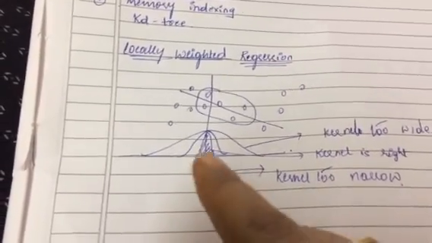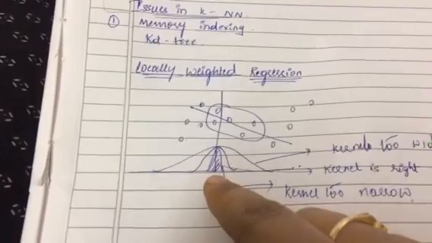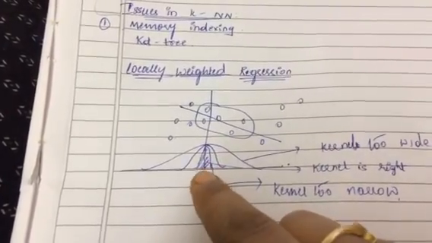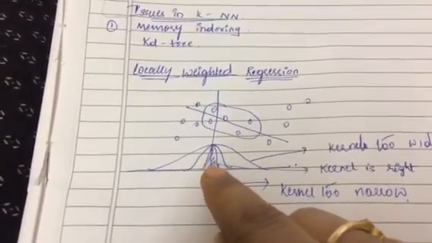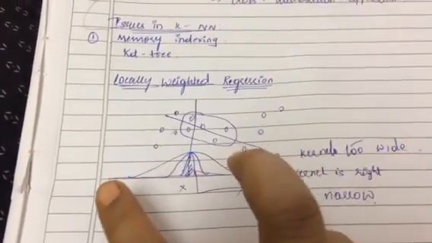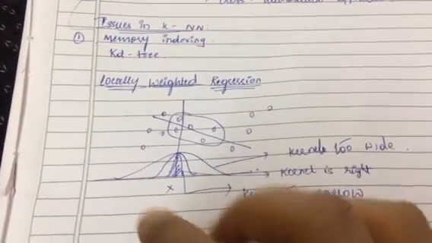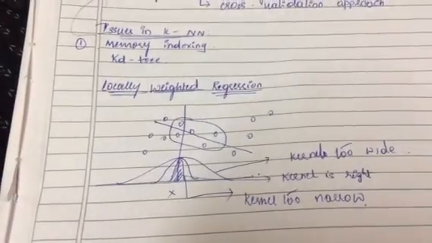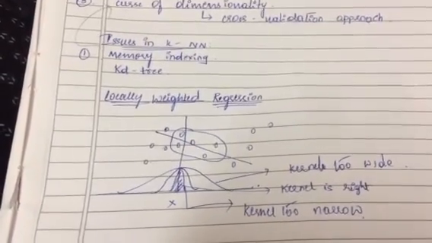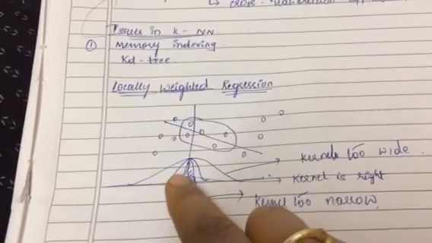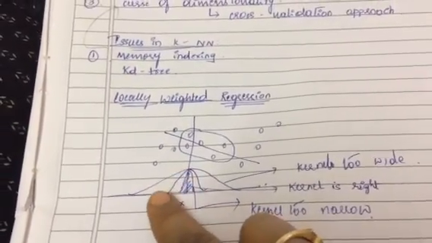If the kernel is too narrow, then we are going to lose some of the data points. If the kernel is too wide, then we are going to consider excess data points, and it results in the curse of dimensionality. So this is the right kernel.